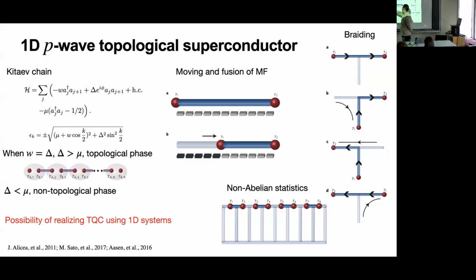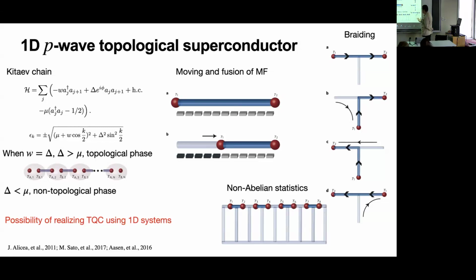Suppose we change the electric voltage, then this part becomes non-topological and this part is topological, so that the edge Majorana mode can be moved from the boundary of the topological phase to the intersection of the non-topological and topological phases.